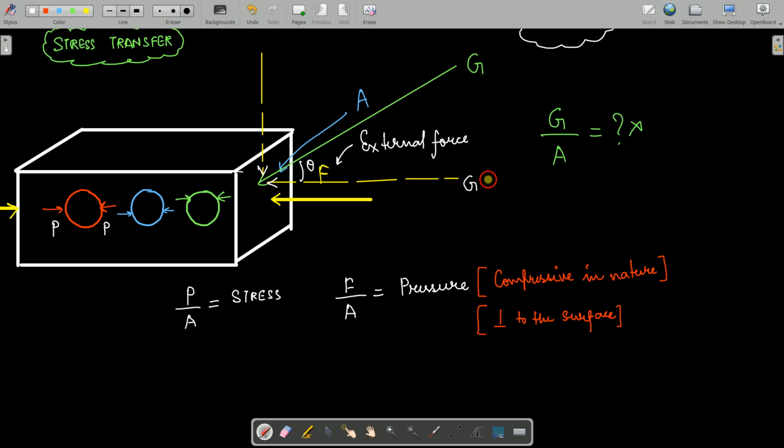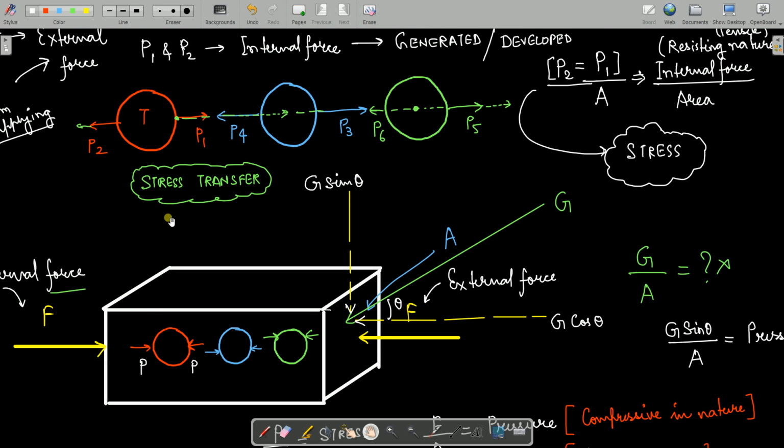So this component will be G cos theta, and this component will be G sin theta. Now if I write G sin theta divided by this cross-sectional area, I will call this term my pressure. Clear? I hope you got the point, the difference between stress, pressure, and stress transfer.